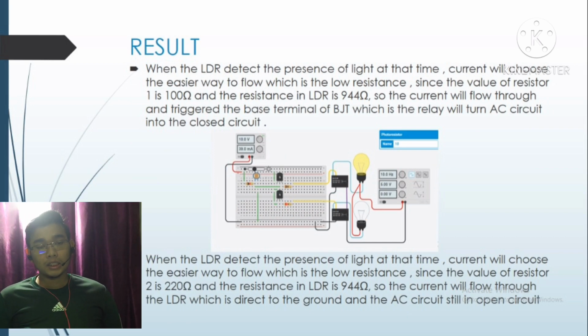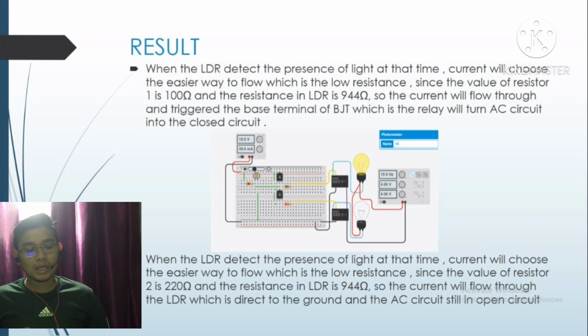For the second condition, which is the medium presence of light, we can see clearly from my circuit result pasted on my slide that just one bulb is turned on and the other one is turned off. So what happened actually? I divide it into two situations: what happened in resistor 1 and what happened in resistor 2.